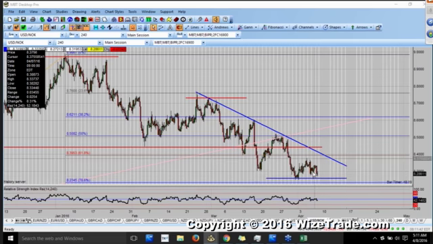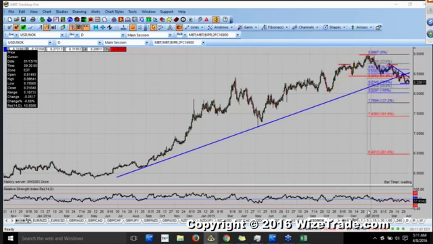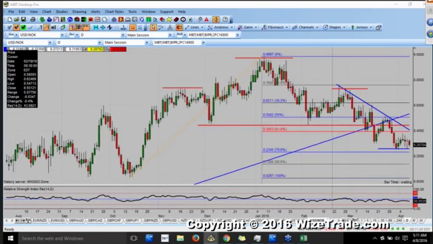Personally, I think this is a wedge forming, but I don't know if there's anything to do with the Norwegian krona right now. That's okay. There will be eventually.